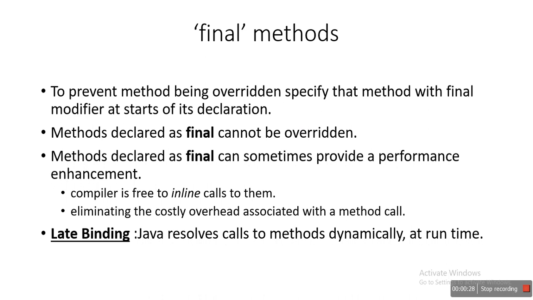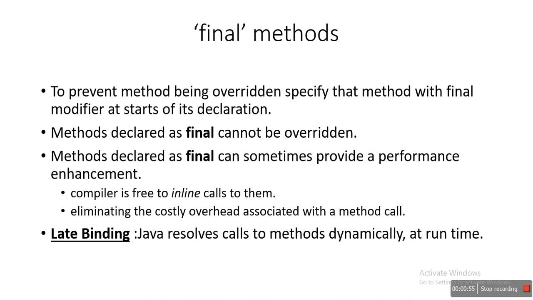Method overriding means we declare a method with the same name as in a parent class, with the same parameters. If a parent class has a method called show with the same name and parameters, and we override it within a child class, say class B is extending class A, so class B is the child class.